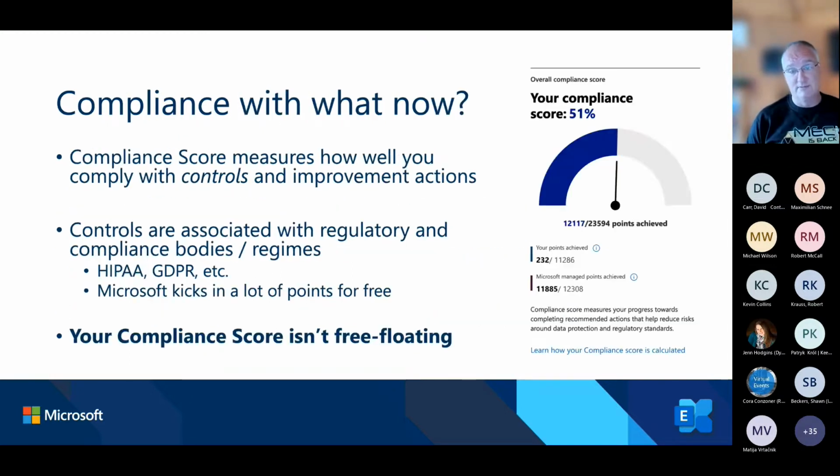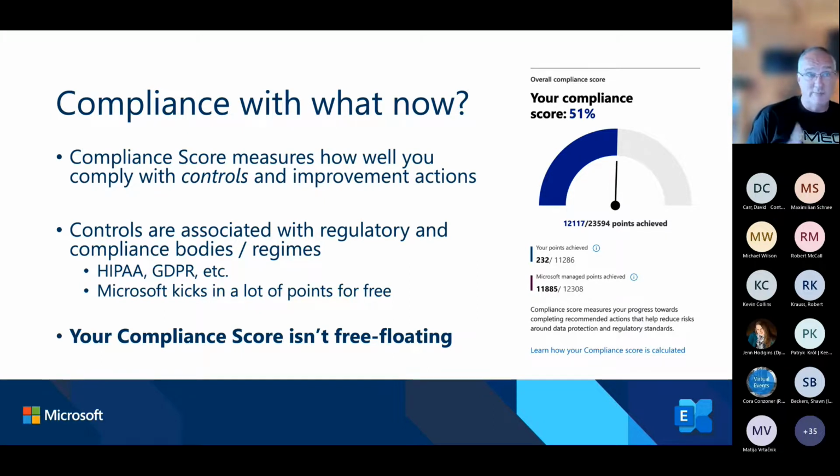And if I flip back a couple of slides, you'll see here on the right, Microsoft managed points. Without me doing anything, Microsoft has already given me 11,885 points out of the possible 12,000 total, just by applying the controls that they already apply for things like, do our data centers have physical security? Well, yes, of course they do.